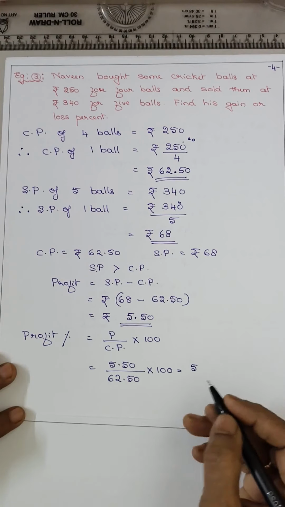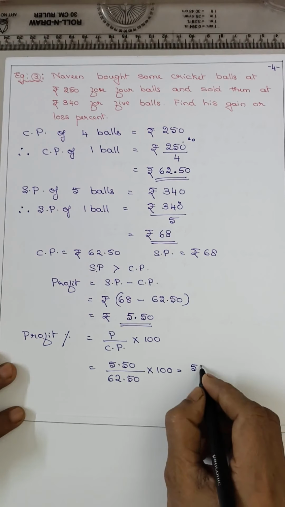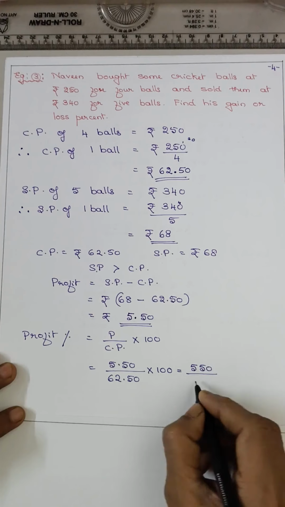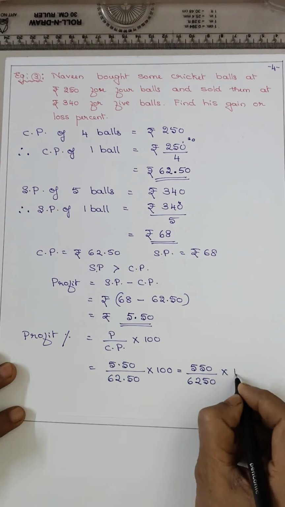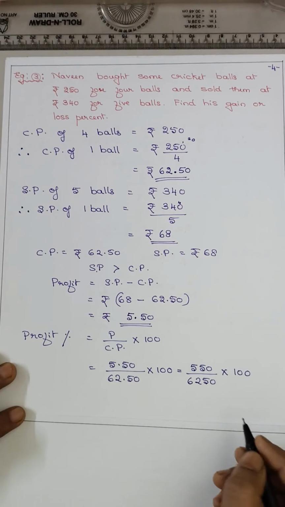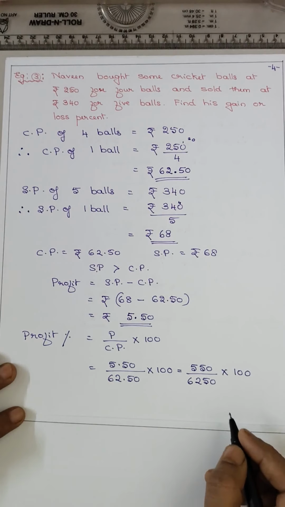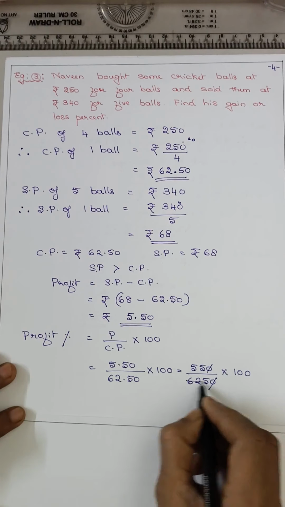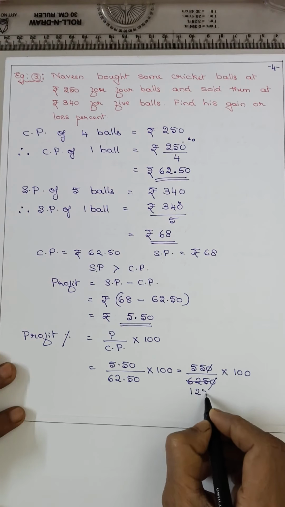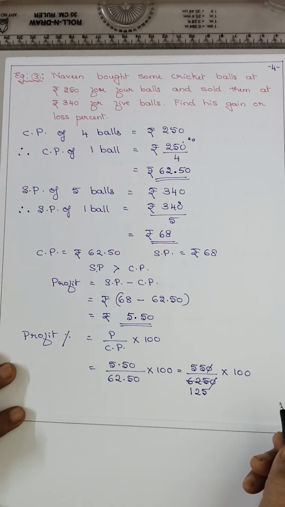Into 100 करेंगे तो 550 upon 6250 into 100. Both the decimals get cancelled, isn't it? 0 0 cut. It is 5 125 625, isn't it?